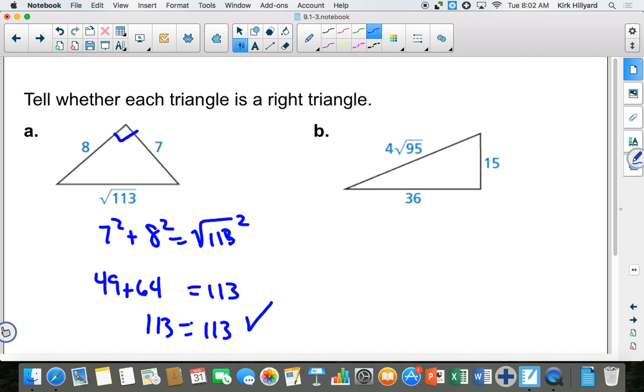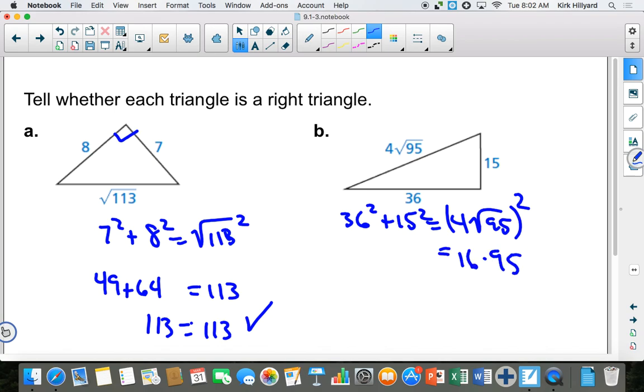We do the same thing here. We have 36 squared plus 15 squared equals 4 squared is 95 all squared. This is 16 times 95, which is a pretty big number.